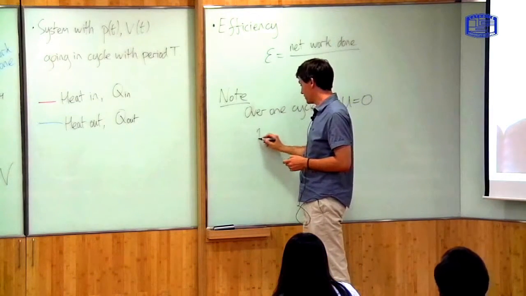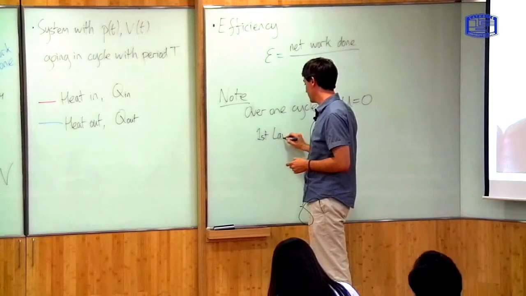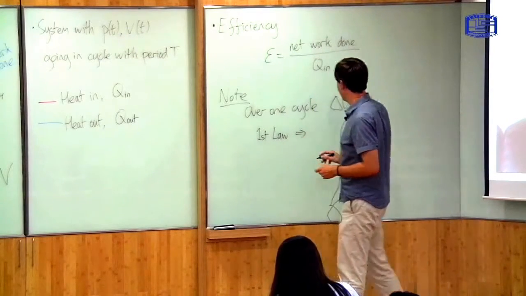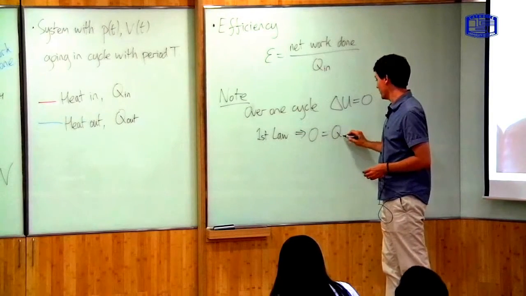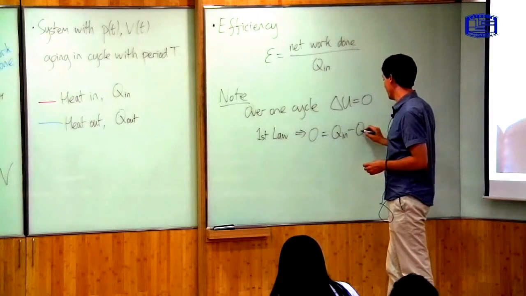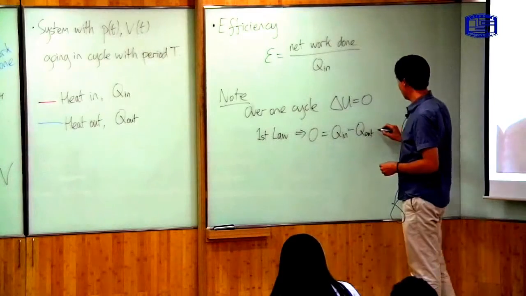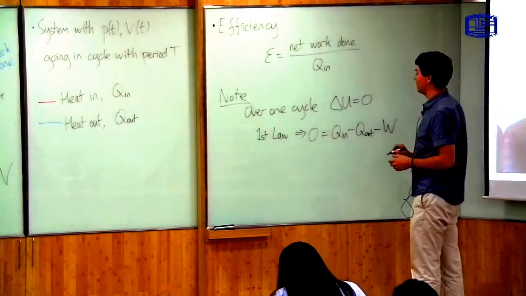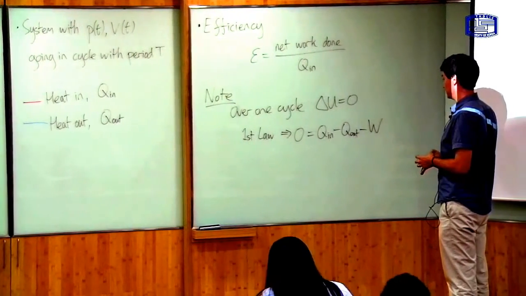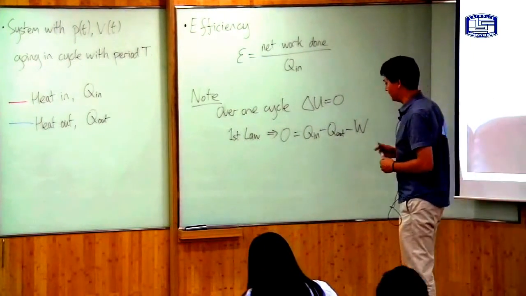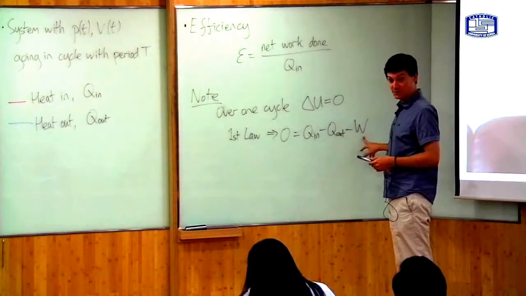Now, in this case, the first law of thermodynamics will tell you that the change in energy, which is 0, is equal to the heat, which is Q in minus Q out, minus the work done, W. And we assume that all of these are positive numbers.